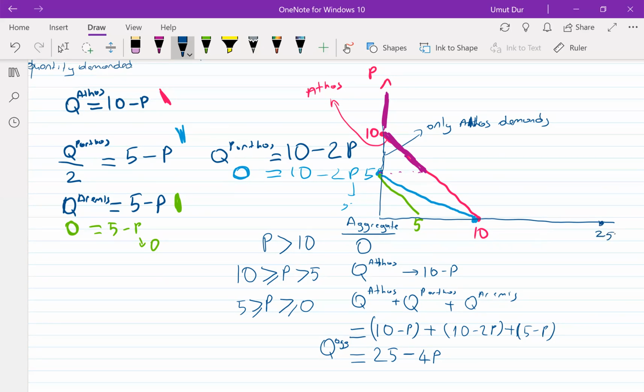And this aggregate demand, starting from price 5, will have a flatter part, and it will intersect here. So this is the graph for aggregate demand.